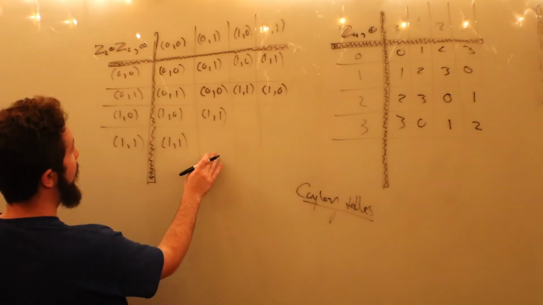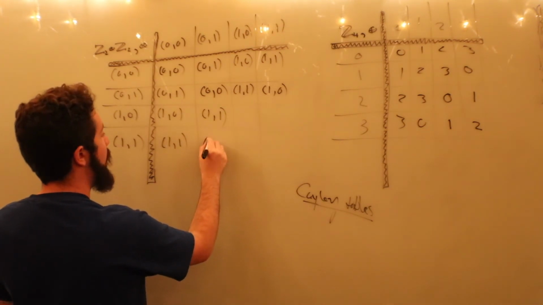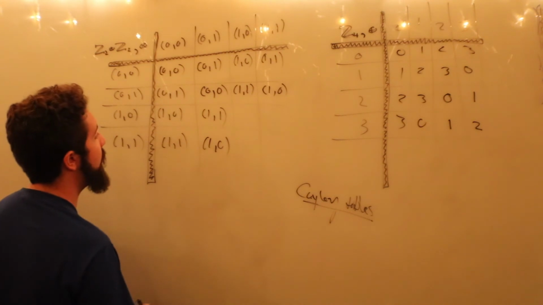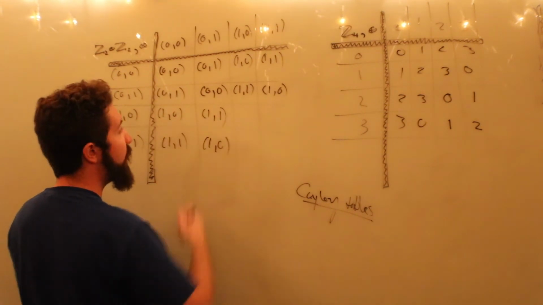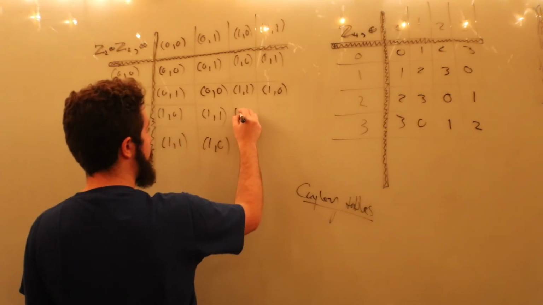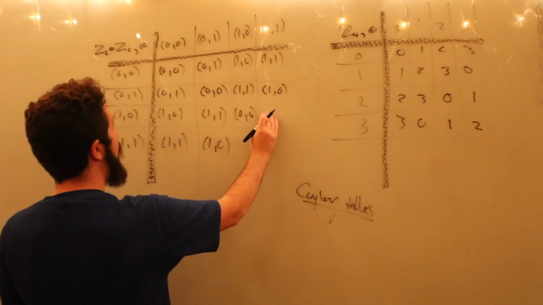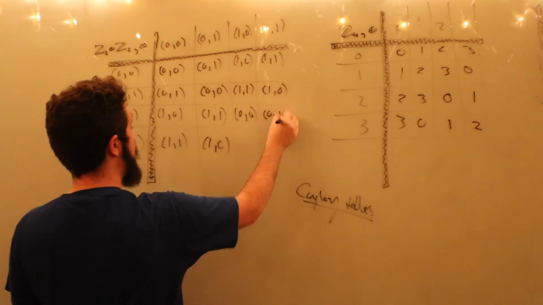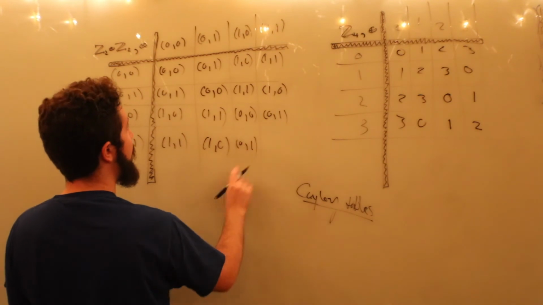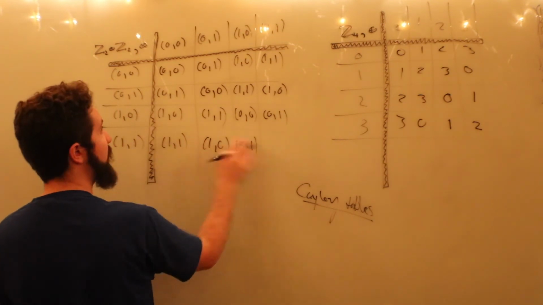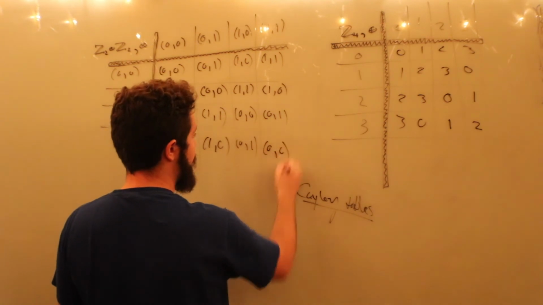Similarly, we're going to have 1, 0 here, right? Now, what about 1, 0 plus 1, 0? Well, again, the 1s are going to become 0, mod 2. Then we're going to have 1, 0 plus 1, 1. It's just going to be 0 in the first coordinate. Similarly here, just 0 in the first coordinate. And then what's the last one? 1, 1 plus 1, 1 is 2, 2. Mod 2 is 0, 0.